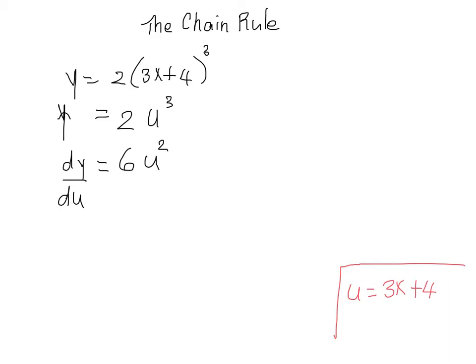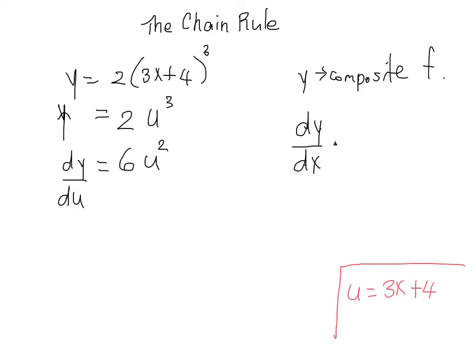So here is the actual chain rule. If you want to figure out what dy over dx is, and you know that y is a composite function, then you can take the smaller function, the one that's inside, and differentiate it. All right, and here is why.